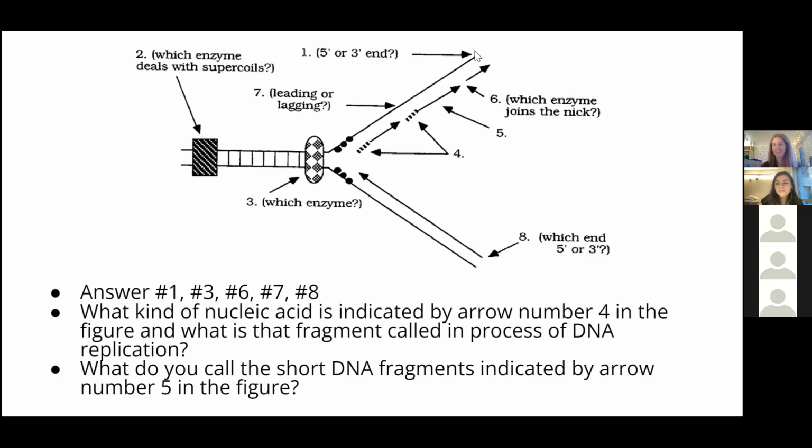Okay, if we don't have any questions, right. Number 3. So which enzyme? This is number 3 right here. What is that enzyme? Beautiful diamond checkered enzyme. And Rosella, I can't see what they're saying, so you just let me know.